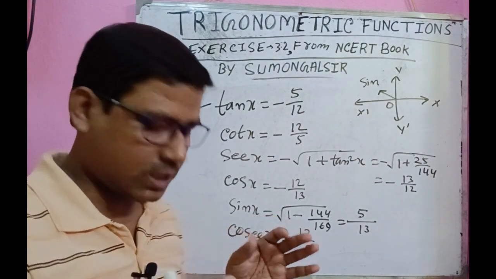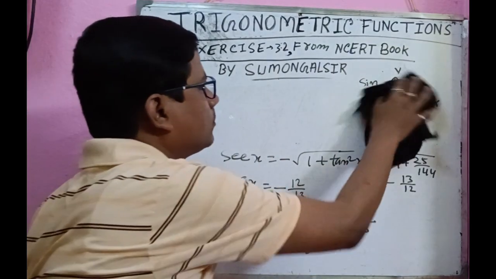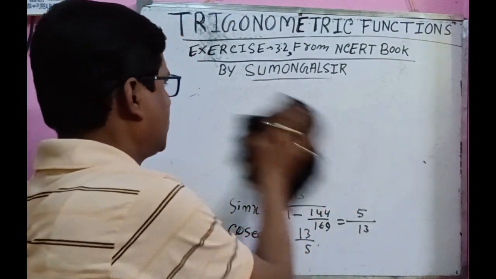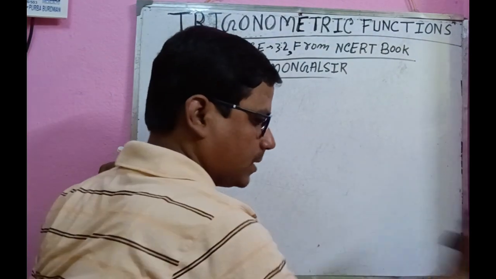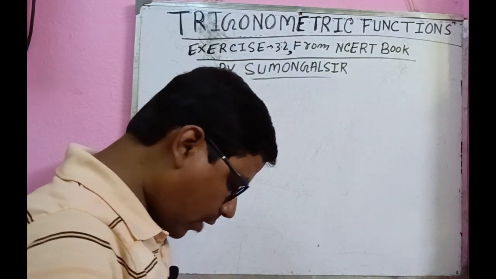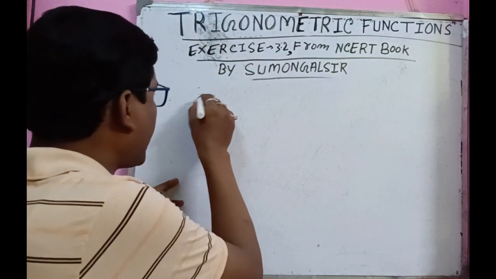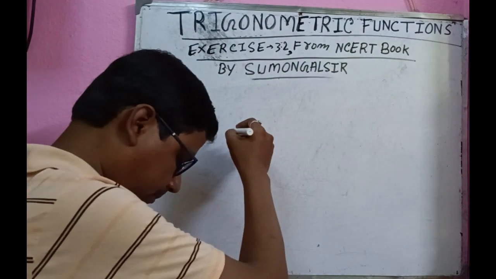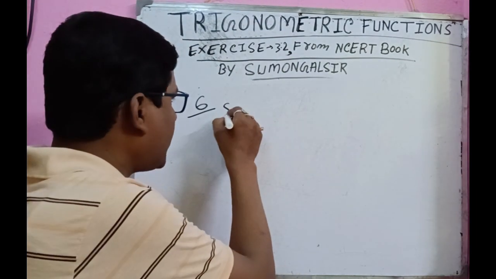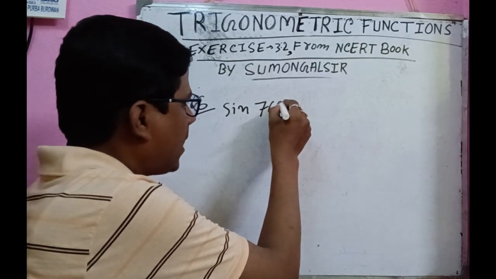Now we move to the 6th. Find the value of trigonometric functions. So given in question 6, sine of 765 degree.